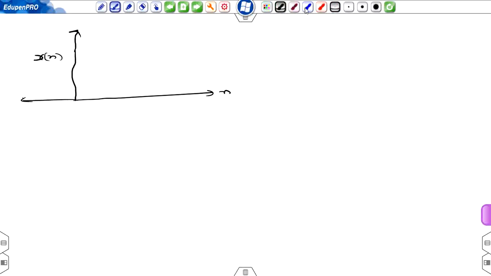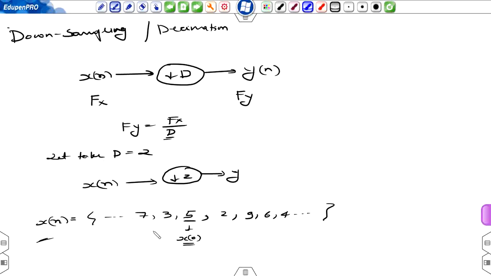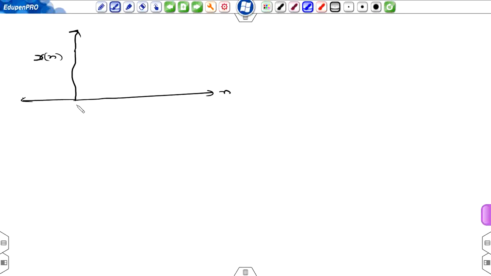And the instances are, this is 0, 1, 2, 3 and 4, and on the negative side -1, -2.